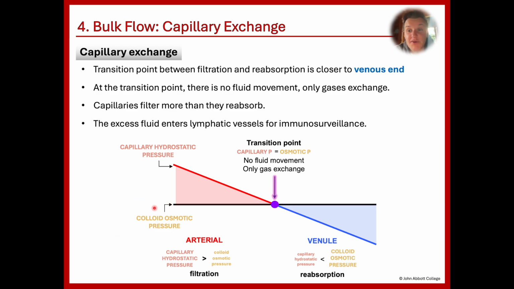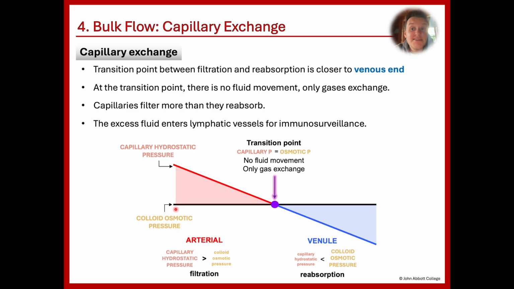Whereas the colloid osmotic pressure stays constant throughout. The pull of water back, right? It is constant because the albumin is the same level at this end of the tube as this end, right? There's the same amount of albumin throughout the whole circuit. So I really like this because you see that at the arterial end, the capillary hydrostatic pressure is bigger than the colloid osmotic pressure.